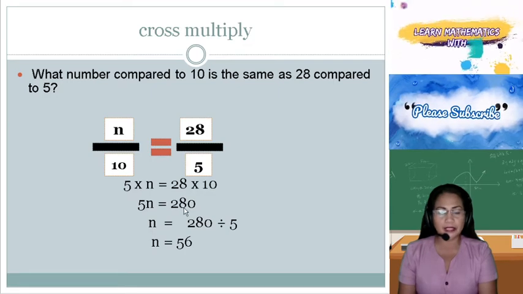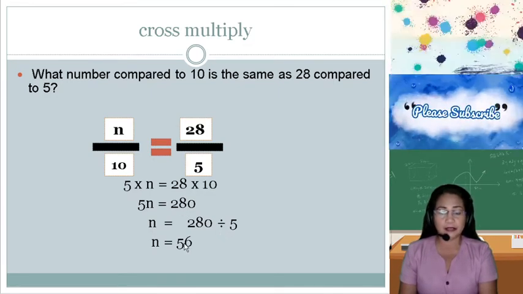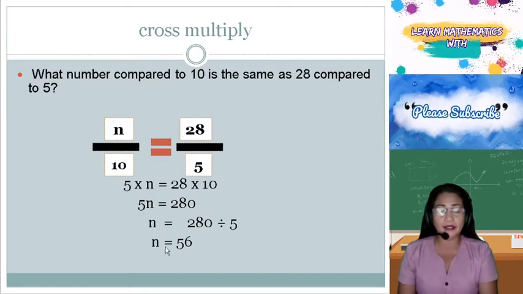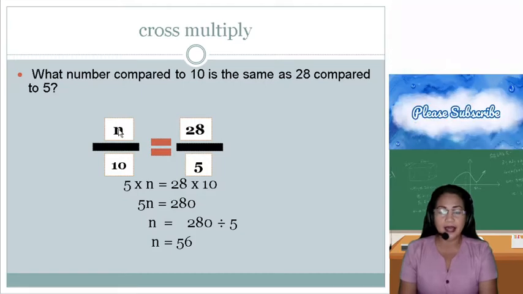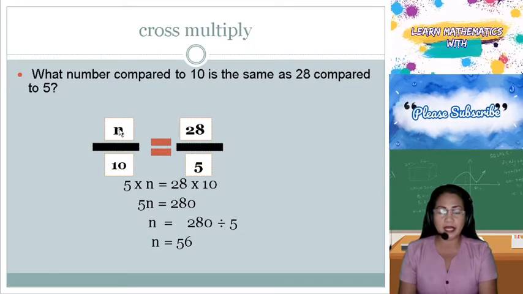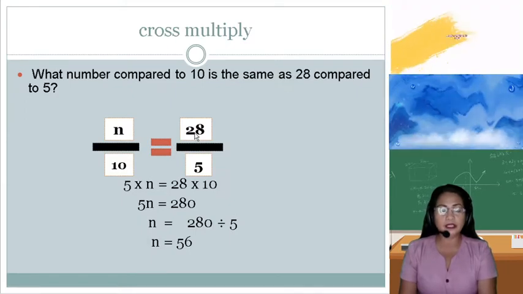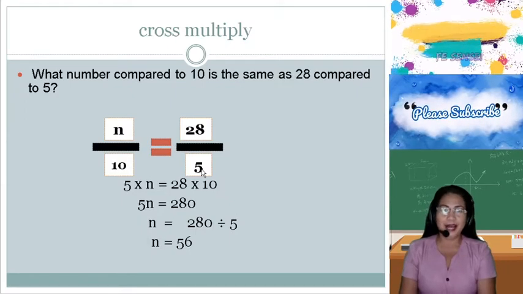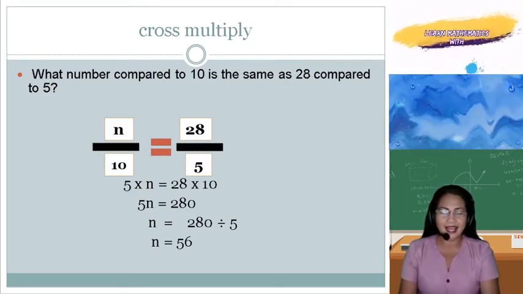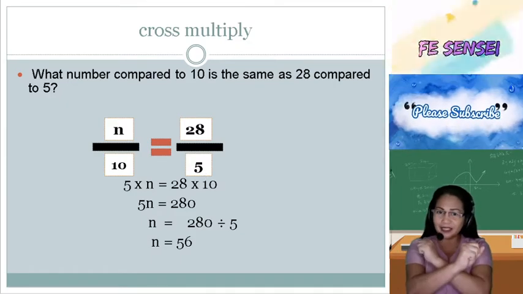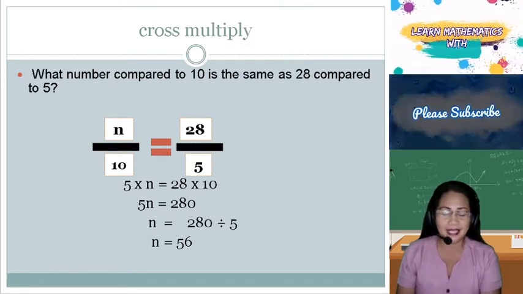And 280 divided by 5 equals 56. So, n equals 56. So, that's it. n, which is 56, over 10 equals 28 over 5. So, easy. We just cross multiply and get the value of the missing number.